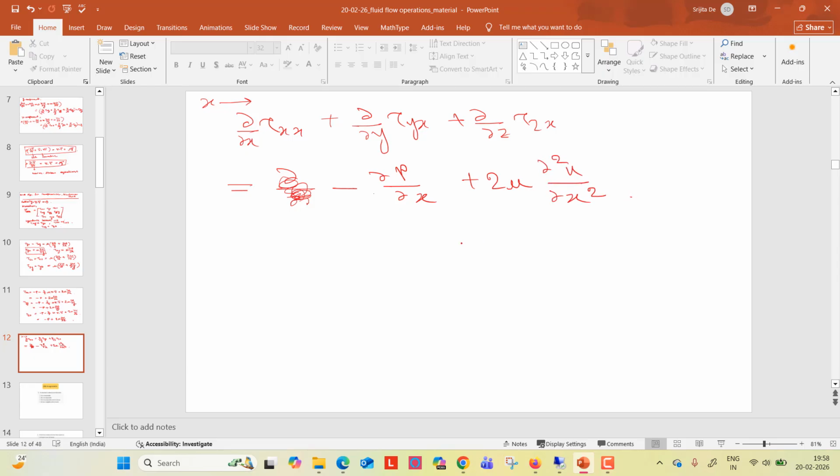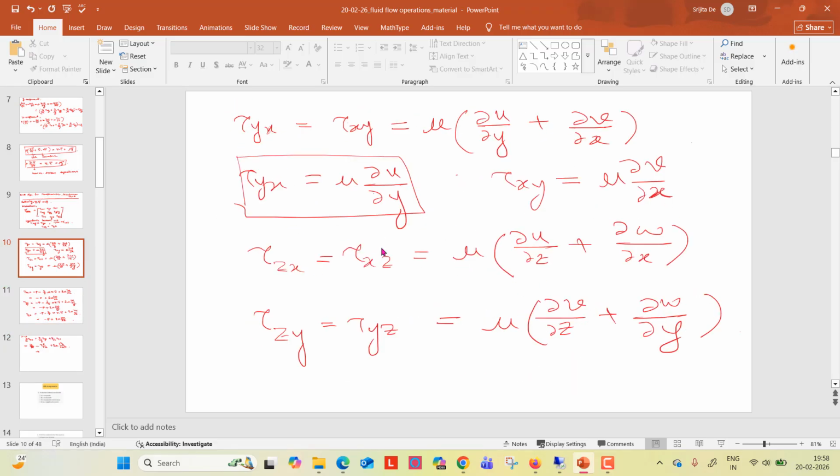Now what will be del del y of tau yx? So del del y of tau yx term is mu into del u del y plus del v del x, right? So if you take the derivative of this term, what will it be?